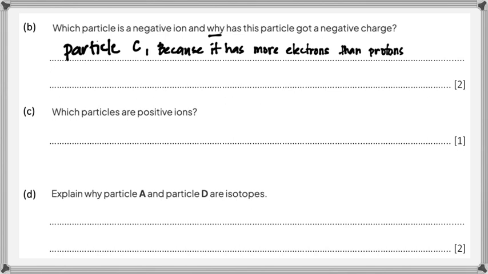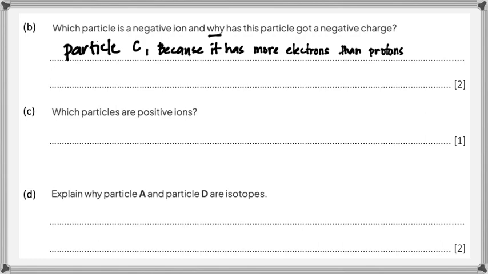Or you can also say that it has gained electrons. Now for letter C, which particles are positive ions? Since letter B is the opposite of letter C, wherein it's all about positive ions or cations.